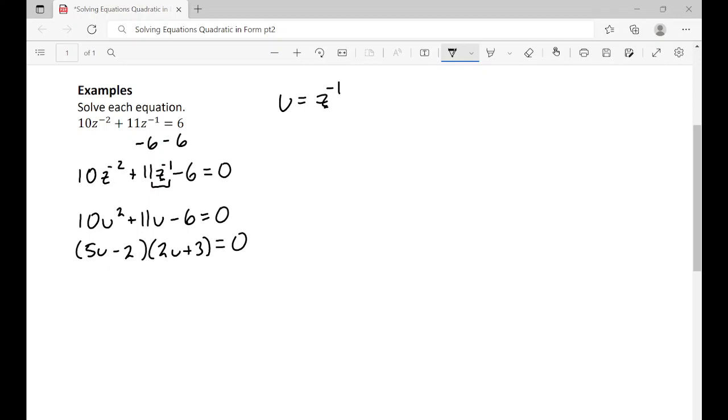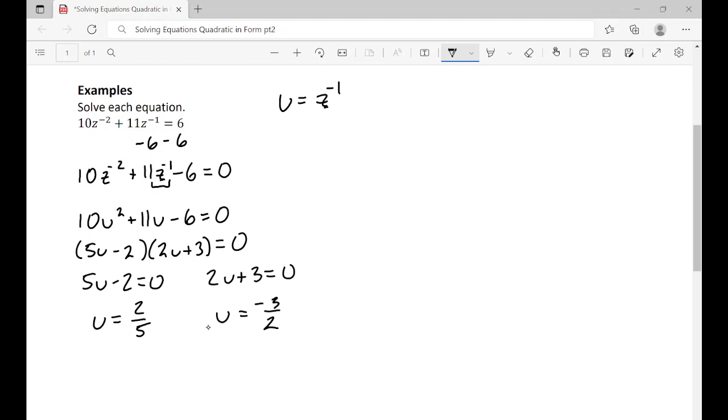And then we'll set each one of these equal to 0. 5u minus 2 equals 0, and 2u plus 3 equals 0. And we'll solve. Add 2, divide by 5 is going to give me u equaling 2/5. And then subtract 3, divide by 2, u is going to give me negative 3/2.